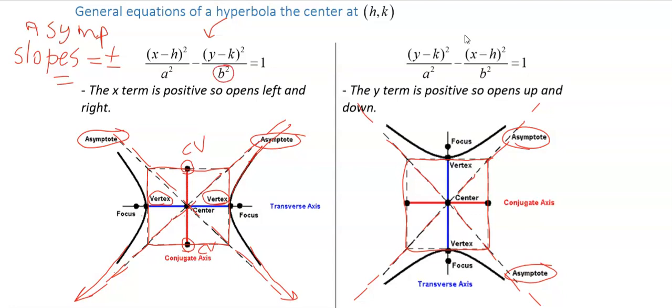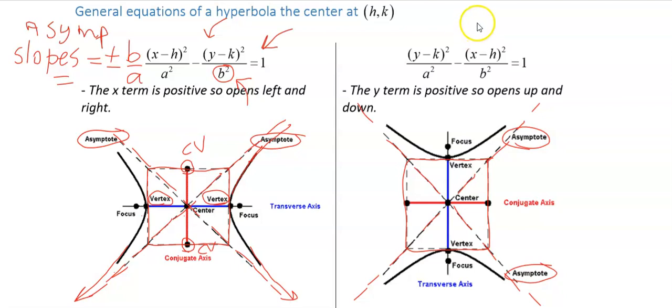Now notice that if the x squared is positive, that means the y squared term is negative, but it's the b squared under the y squared. Well, it turns out that whichever one of those two letters is under the y, that's what goes in the numerator of your slope. So in this case, the b squared is under the y squared, so this one starts out b over a. There's my slopes. And the x minus h and the y minus k is easy.